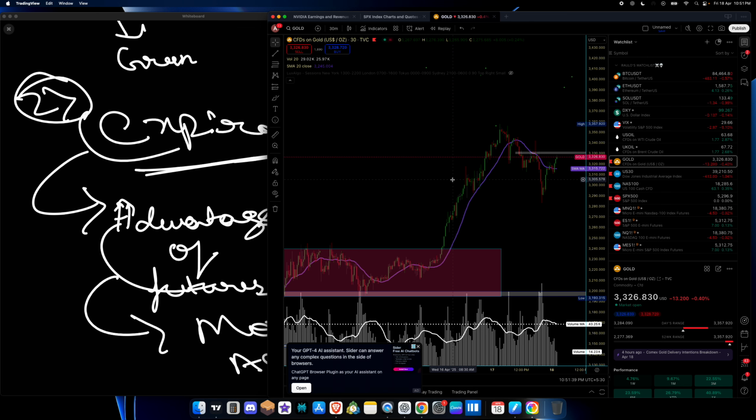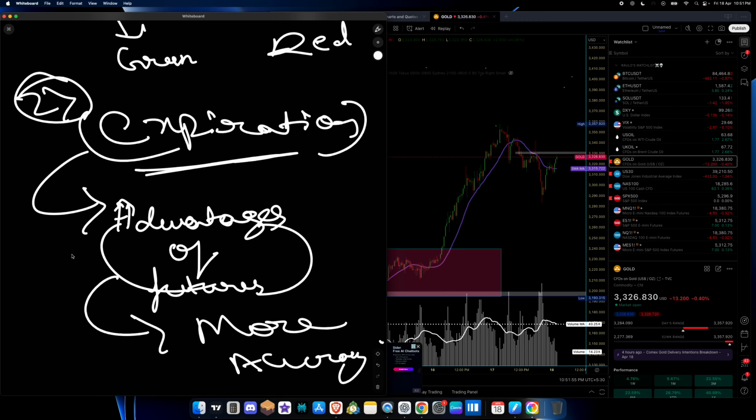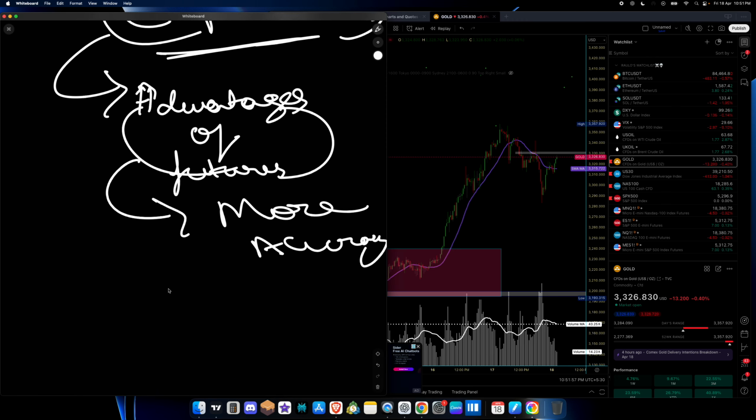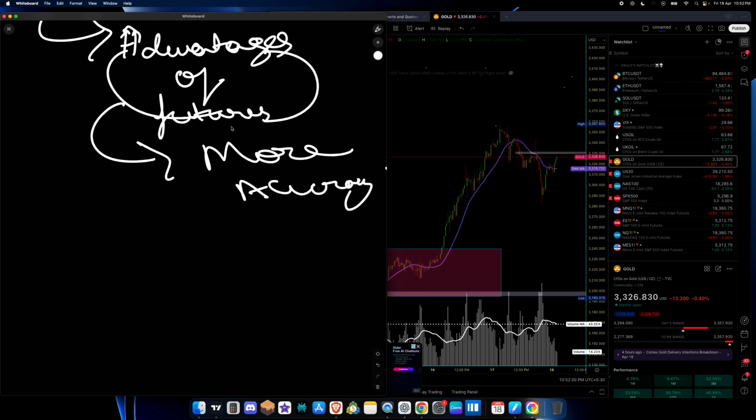You don't have access to institutional tools like order flow, DOM, the footprint charts, the volume profile, bid ask profile. These are the main institutional tools which make futures more accurate.